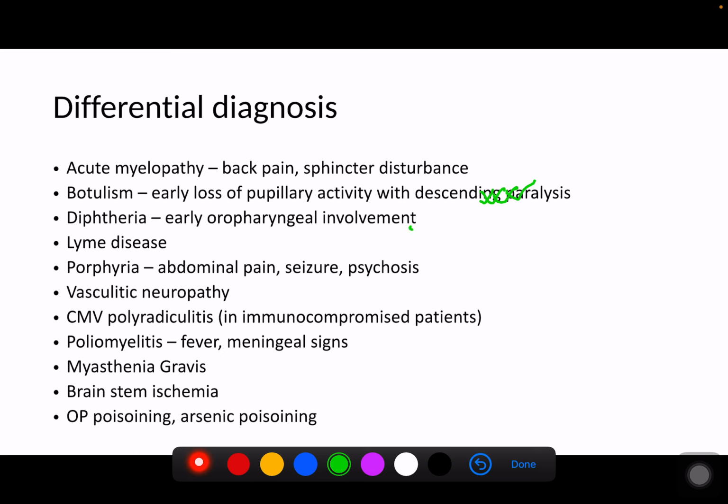Diphtheria you'll not forget, because cardiac arrhythmias can be seen with diphtheria. There will be weakness and numbness. And poliomyelitis, myasthenia gravis, brainstem ischemia, OP poisoning, you'll not miss, nor acute myelopathy.